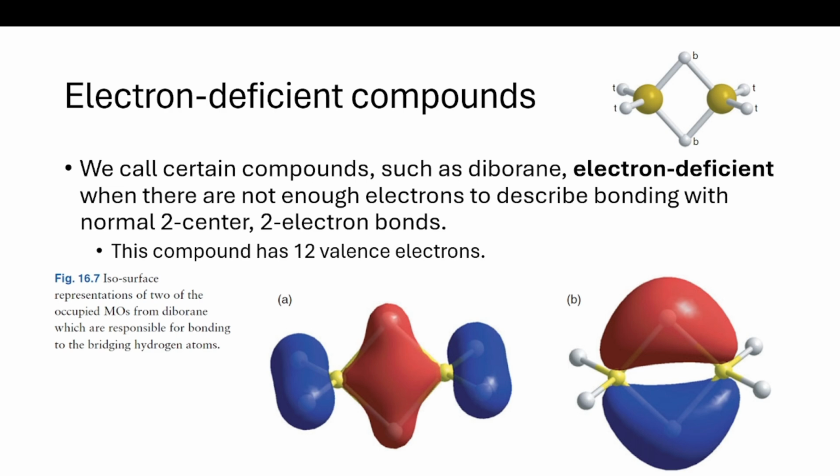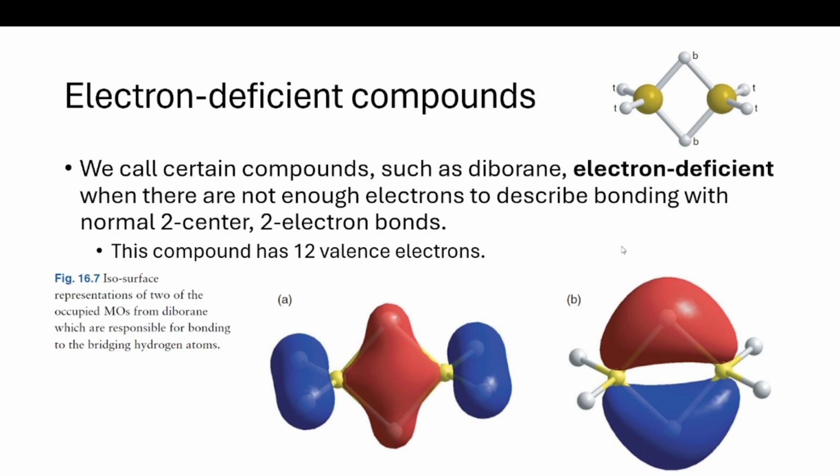And so we call certain compounds, such as diborane, which you can't explain using normal 2-center 2-electron bonds, electron deficient. Because, simply put, if we look here, we have 12 valence electrons. So how many bonds do we have? 1, 2, 3, 4, 5, 6, 7, 8.